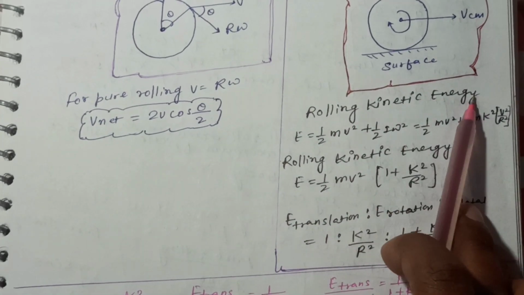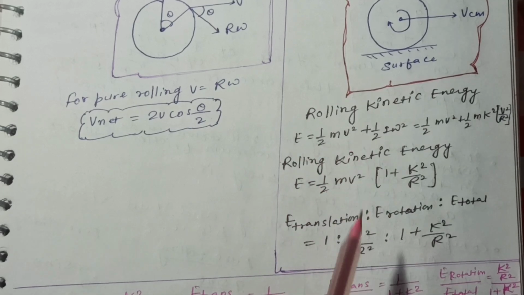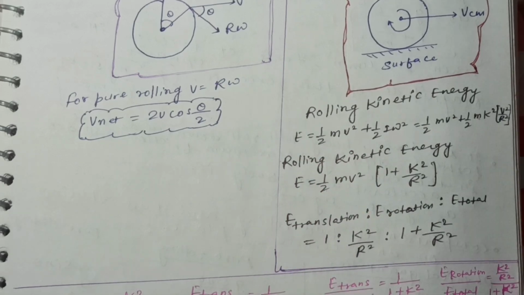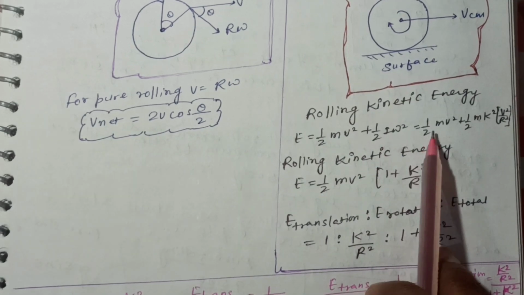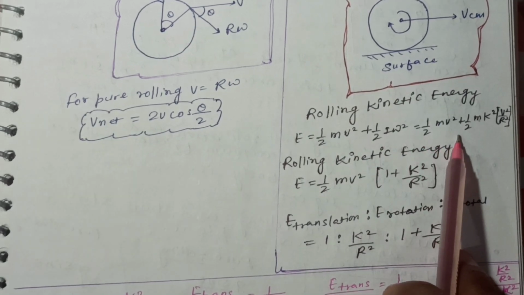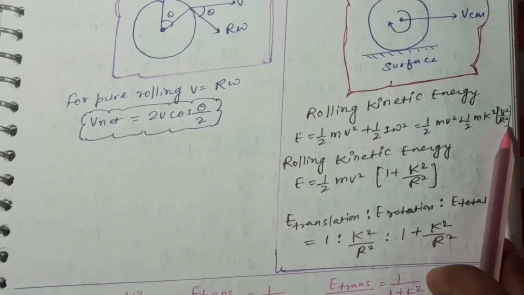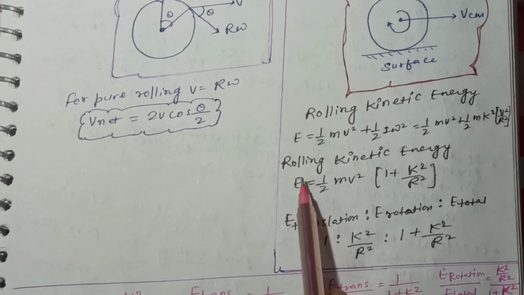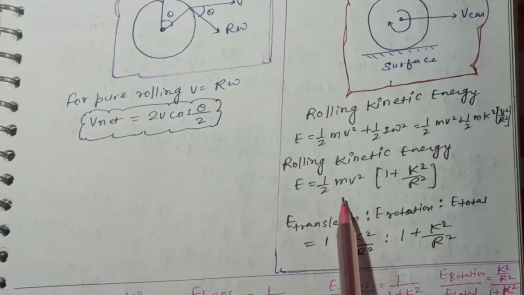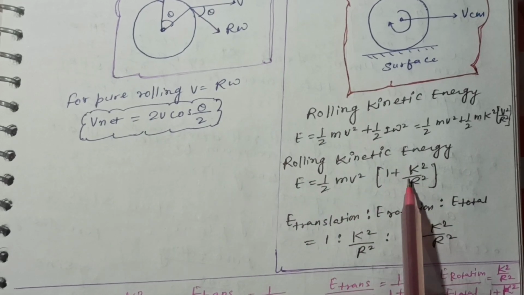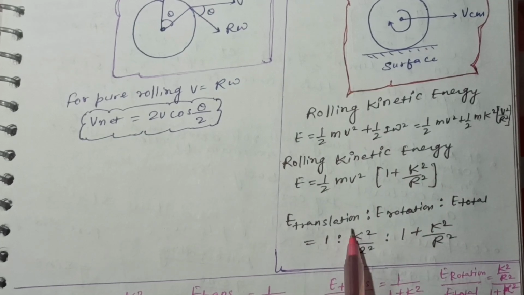Rolling kinetic energy E is equal to 1/2 m v square plus 1/2 I omega square is equal to 1/2 m v square plus 1/2 m k square in bracket v square upon r square. Rolling kinetic energy E is equal to 1/2 m v square in bracket 1 plus k square upon r square.